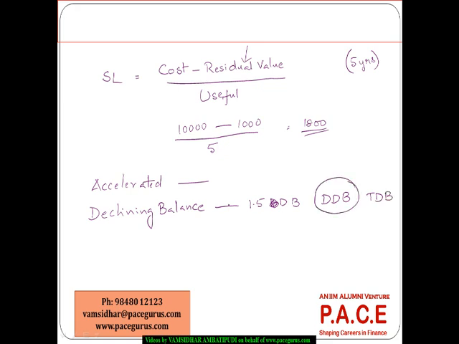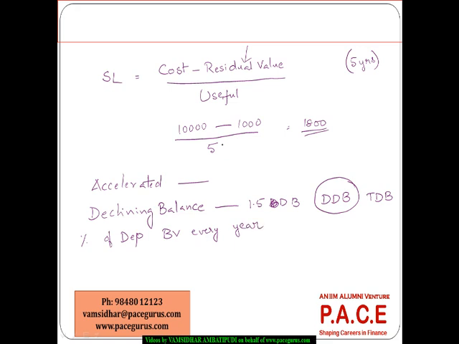The most common one, let's say, being the double declining balance. What this declining balance does is some percentage of depreciation is applied over the book value every year.